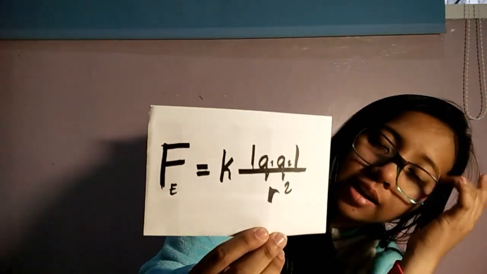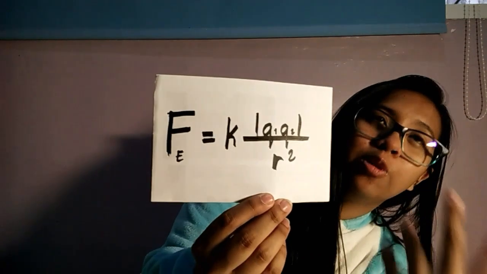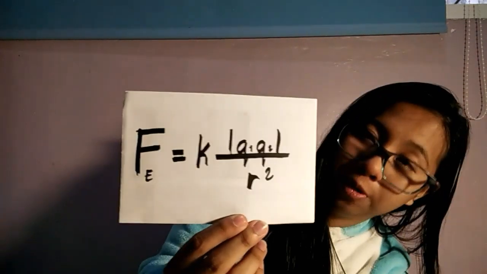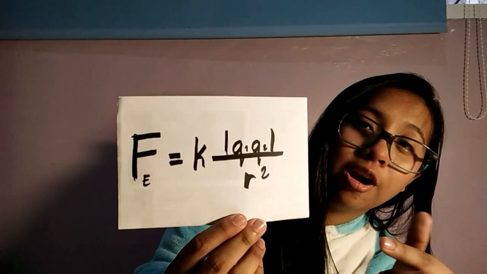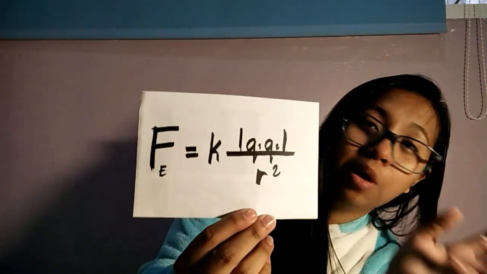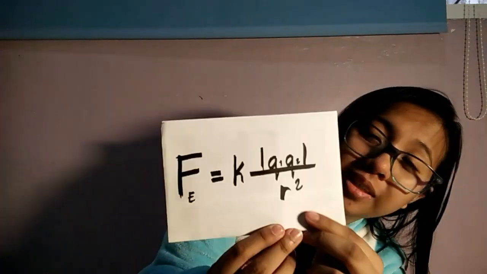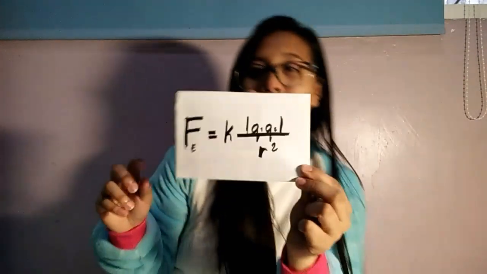And the force is also inversely proportional to the square of the distance between those two objects. So basically, the stronger the charge of these two, the stronger the force.